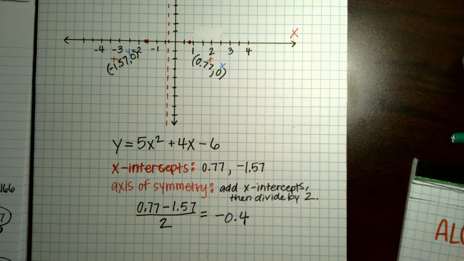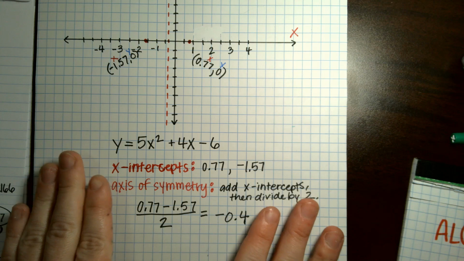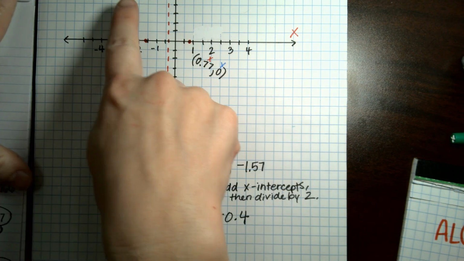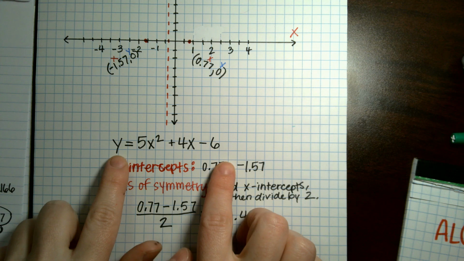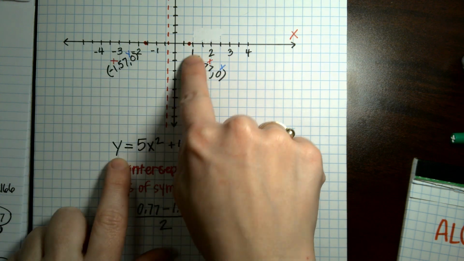Parabola. Can everybody say parabola? Isn't that the U shape? Yes, that's what we're going to make right now. We're going to make the U shape. So a parabola is the shape that a quadratic equation gives us. It gives us a U shape.